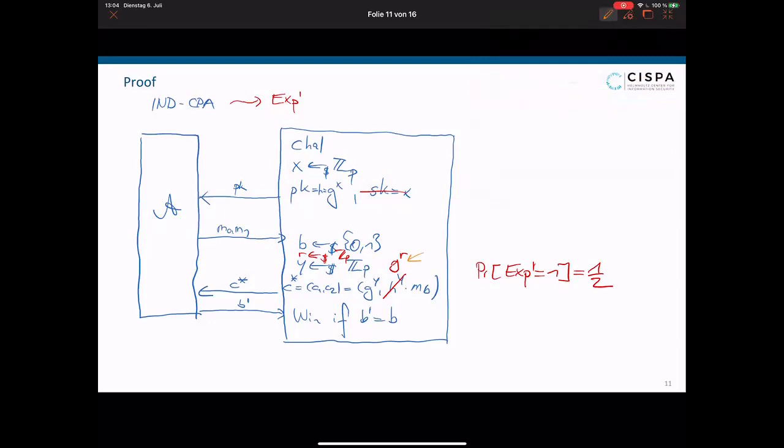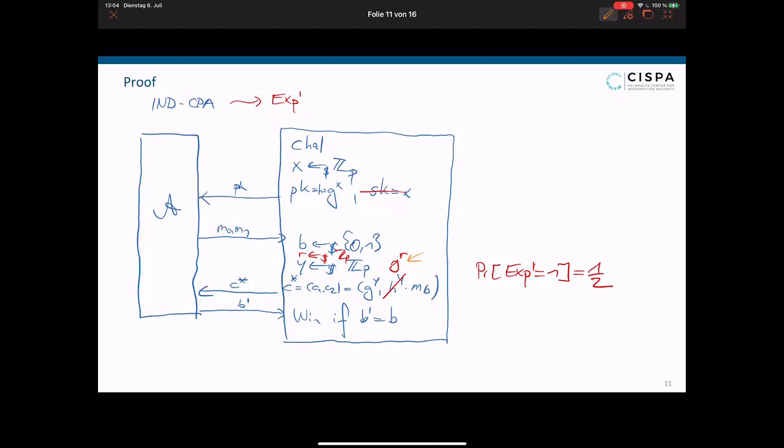Good. So this modification made the adversary's life hard, actually not just hard, but impossible. Right now, in this X prime, the best thing he can do is random guessing.